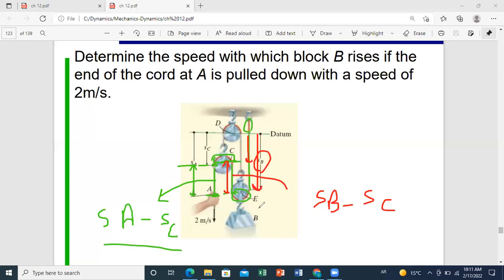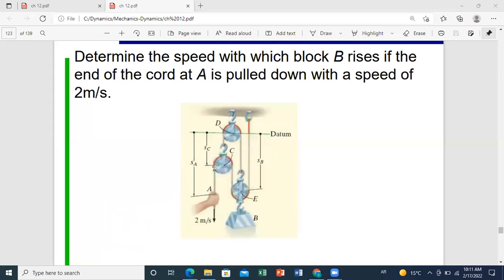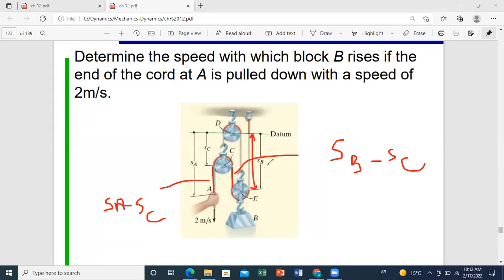So let me clear it a little bit. We said that this is SA minus SC. This is a constant. This part is SB minus SC. This is a constant. And finally, when I go from this point to this one, this is S of B. And this is a constant part.